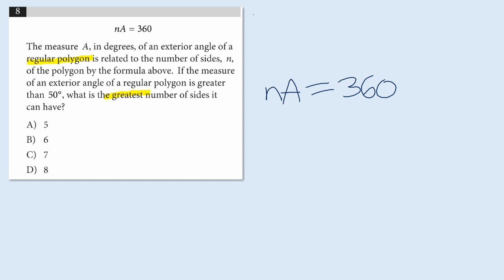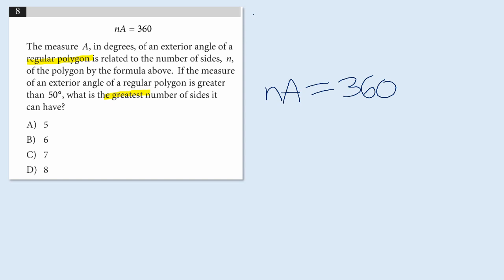And it says, if you have a superlative word, a word like greatest, largest, most, you are going to start with the largest value that's provided, test that out, and if it doesn't work, go to the next largest value, and so forth until you work through the list. Similarly, if the superlative word is smallest or least, you're going to start with the smallest value in the list of choices. And if that doesn't work, go up to your next largest value and work through the list.